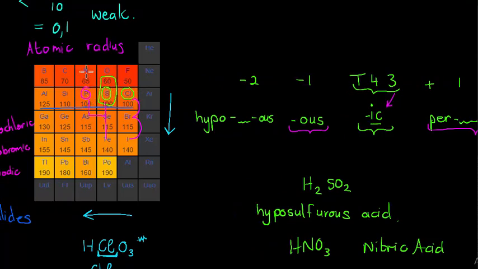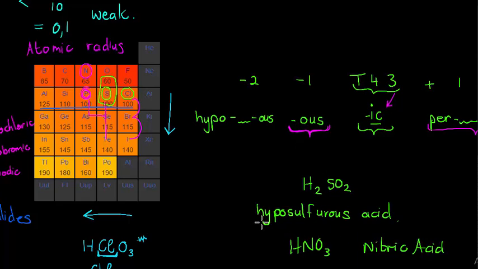This would be N, since he's in the 3, if we give him 4 oxygens, he would be nitric. So let's add 3s. Then this would be chloric acid. And this one needs 4, so if I only give it 3 oxygens, it would be sulfurous. And then P would be phosphorus.